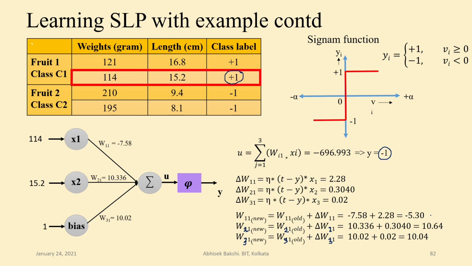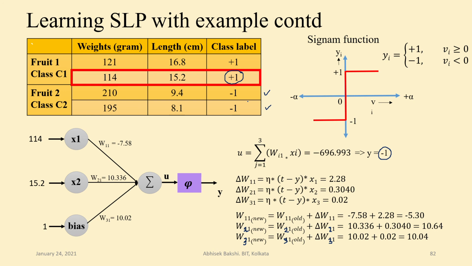So it will continue for the next pattern, and maybe many more. I have just taken the first two patterns as an example. If you understand the philosophy of learning and weight correction, you can understand that not only for these four patterns, even for 400 or 4000 patterns, the philosophy is the same.